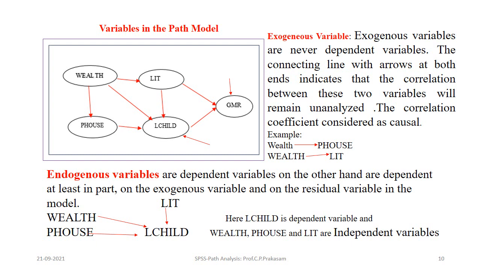Therefore, the three arrows coming from wealth, housing and literacy are pointing towards the family size. Therefore, this L child will become the dependent variable, and wealth, literacy and housing will become independent variables.